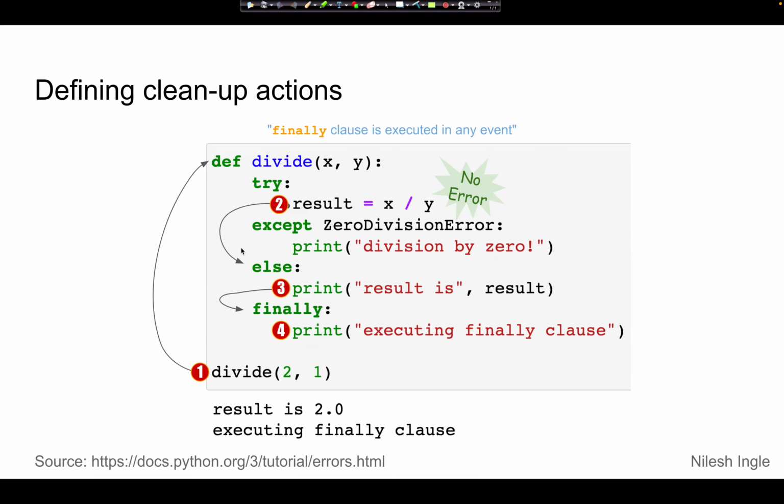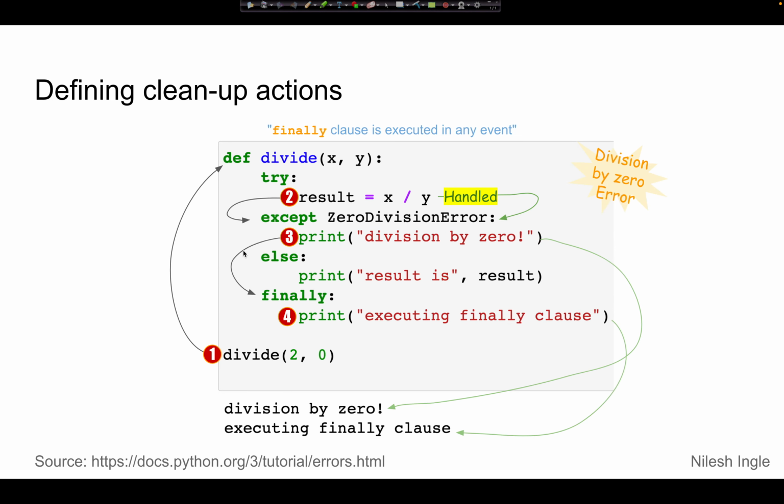However, now in this case, we are passing the value of y as 0. So x divided by y is going to throw an error, which is a zero division error, and so an exception is raised, and the except block here, the name of the exception matches the exception that was raised in the try block, and so we enter the except block where the print division by 0 is printed, and that's what we see here in the output.